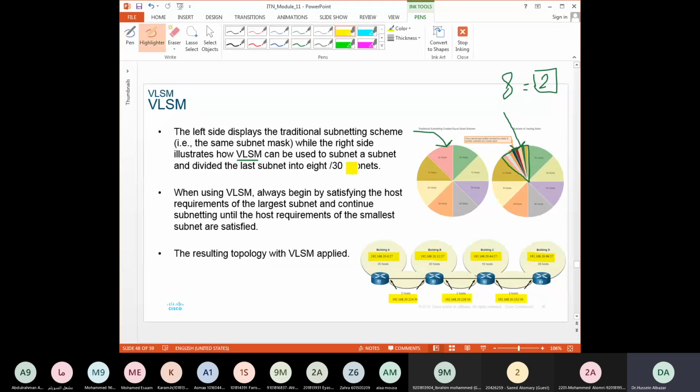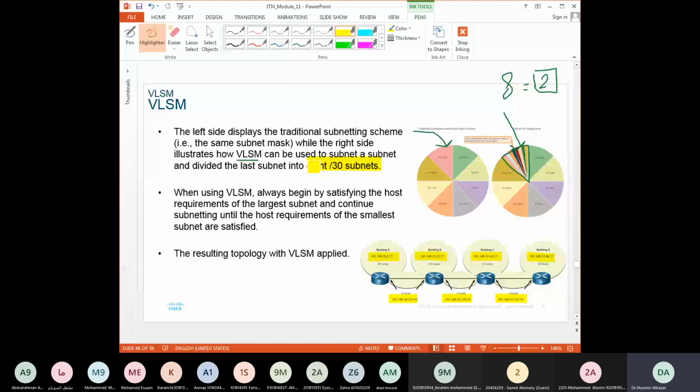So when using the variable length subnet mask, always begin by satisfying the host requirement of the largest subnet and continue subnetting until the host requirements of the smaller subnets are satisfied.